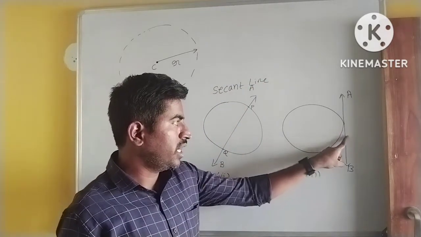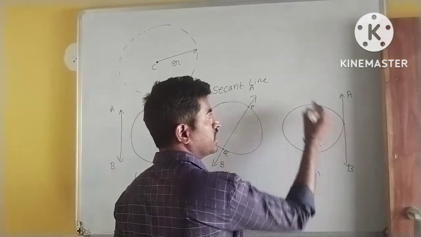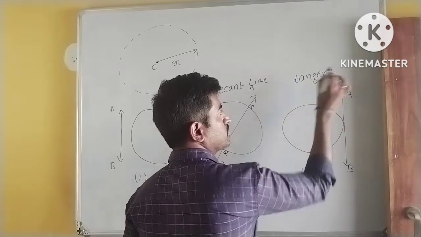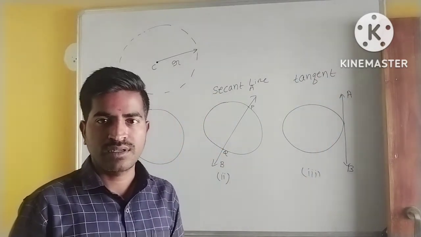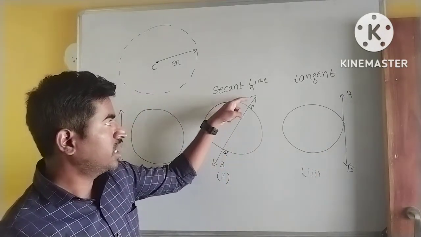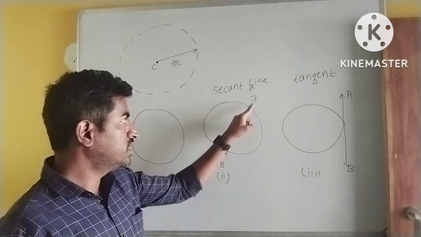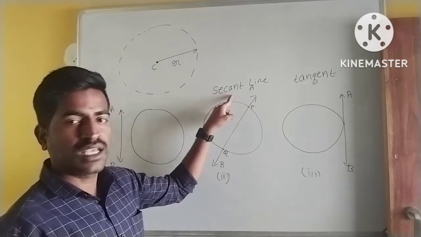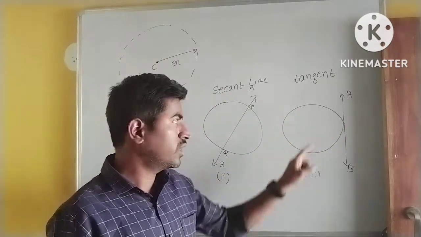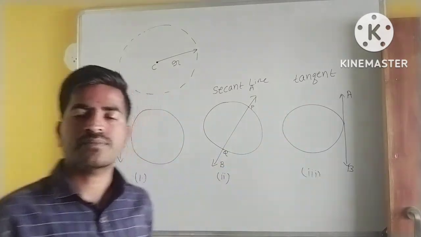And when the line touches the circle at only one point, we call line AB a tangent to the given circle. Understood the difference between a tangent and a secant? Whenever a line is drawn which intersects the circle at two different points, that line is called a secant line. When the line touches the circle at only one point, we call it a tangent to the given circle.